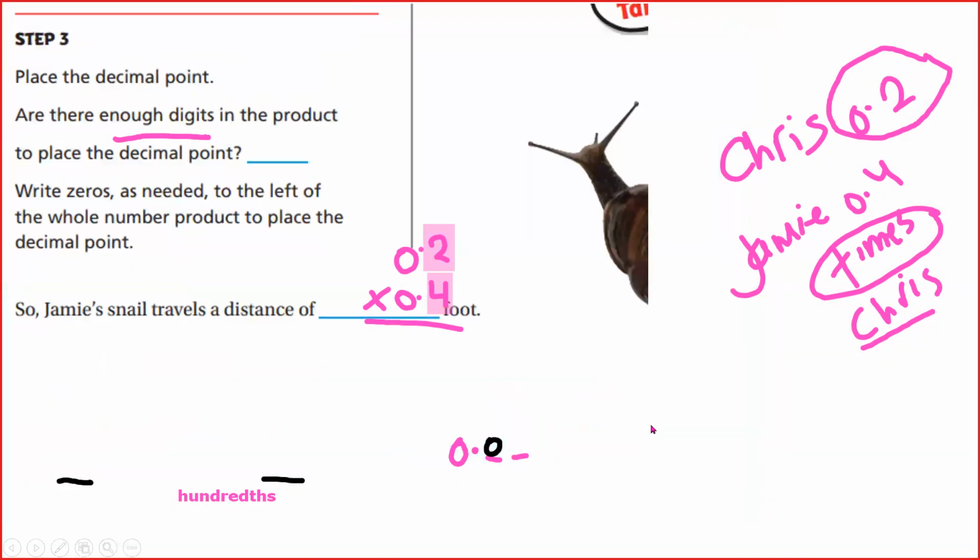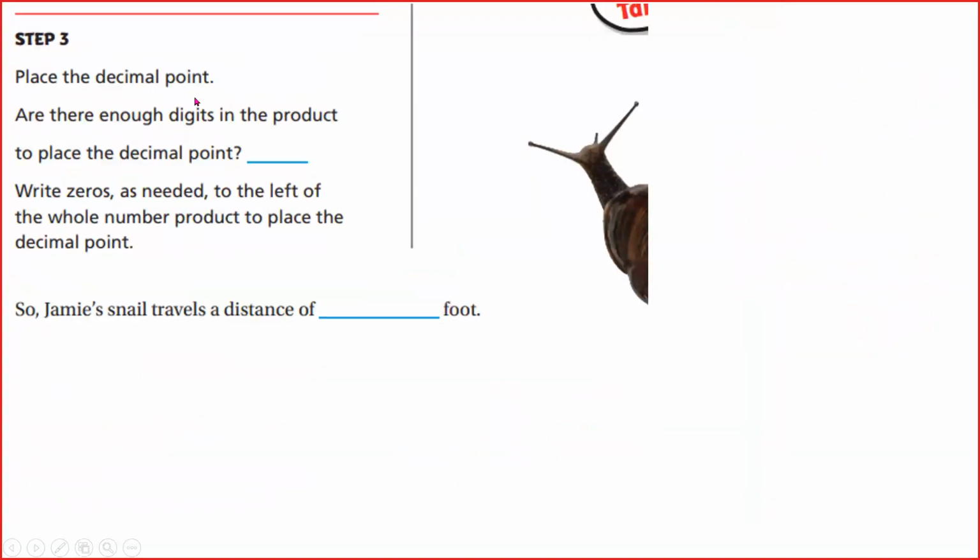Now next. So place the decimal point, step number 3. Are there enough digits in the product to place the decimal point? We said that the answer was 8, and we have to move 2 digits. So do we have enough digits? I have to move 2 steps, and I only have 1. So is it enough?